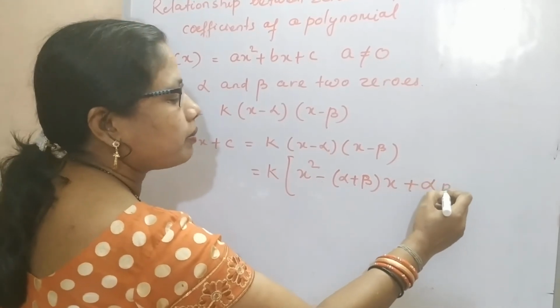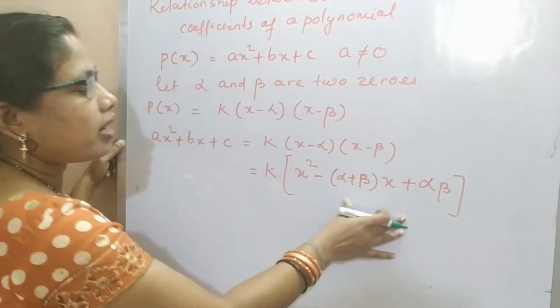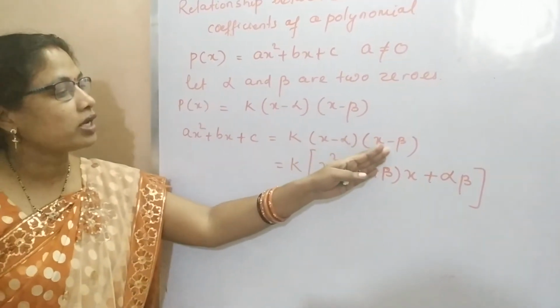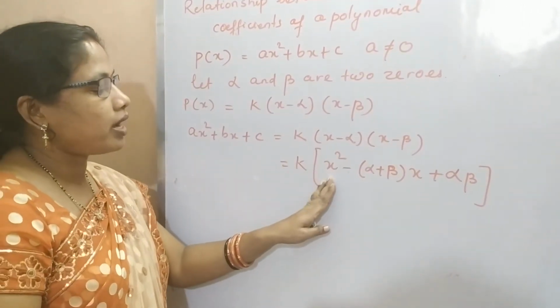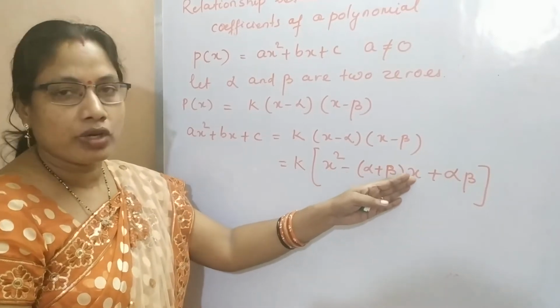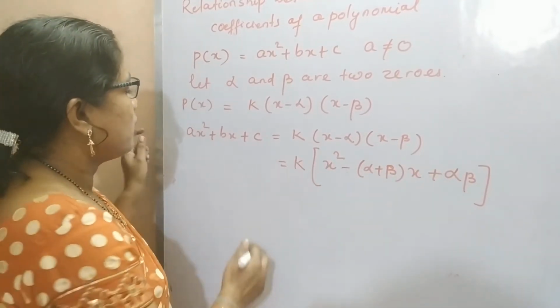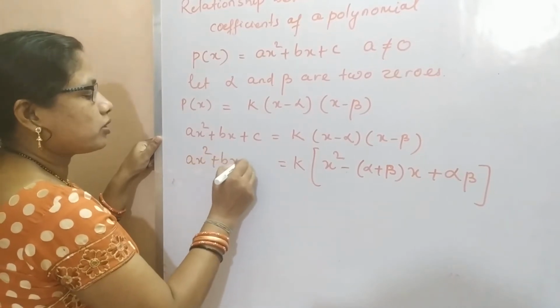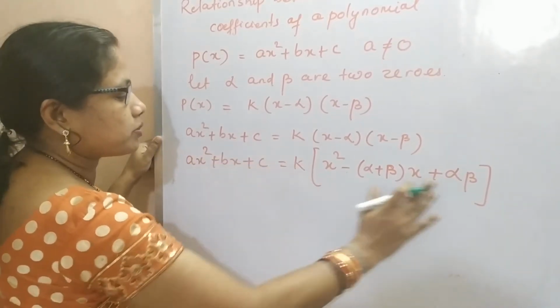This is the identity: x plus a whole into x plus b is equal to x square plus a plus b whole into x plus ab. So here ax square plus bx plus c is equal to this much.